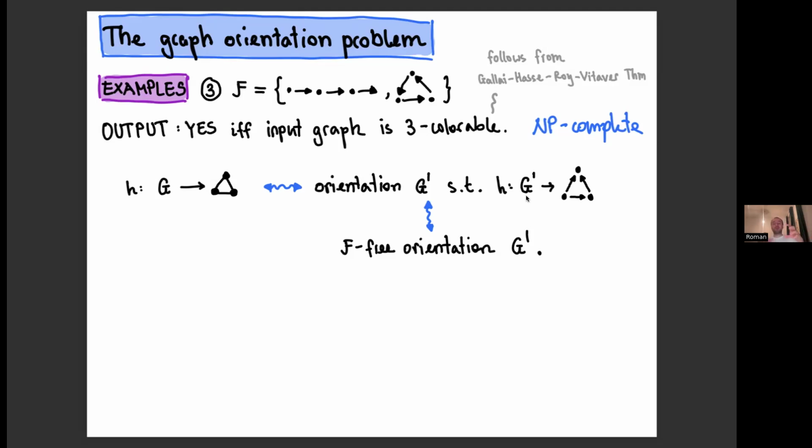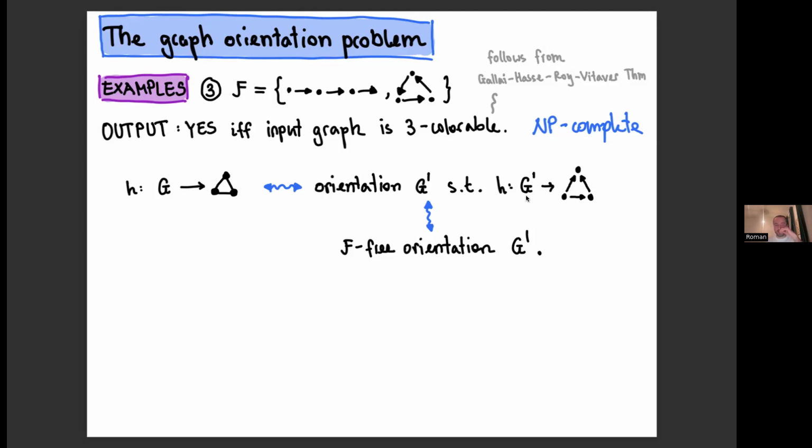Because if they were to map into G prime, then they would homomorphically map into the acyclic orientation of the triangle. And both do not actually homomorphically map into the acyclic orientation of the triangle.